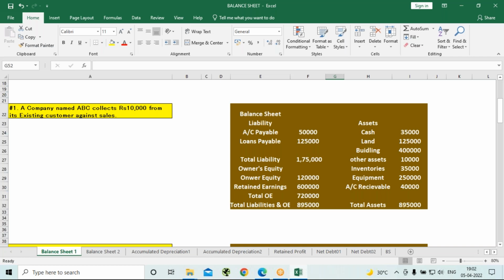If nothing is given as cash or bank, we have to consider it as cash. So we have to increase the value of cash. It says that it has collected 10,000 rupees. So let me go to the cash and press F2 so that you can see the cell value. So you have to add this value, that plus 10,000.